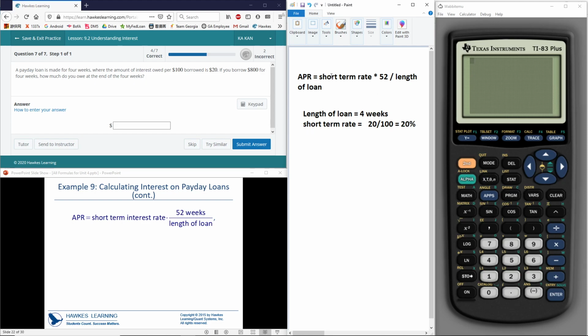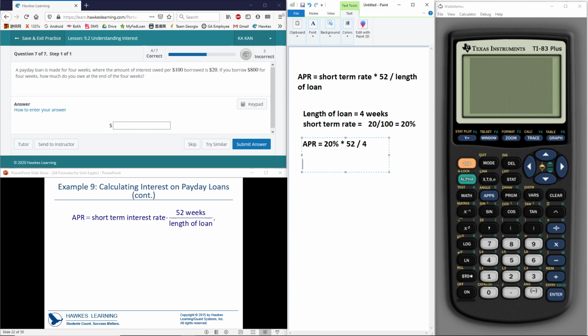So let's put this into the formula. APR equals the short-term interest rate, 20%, which is 0.2, times 52 divided by 4. Oh, you know what? My bad. I'm tripping.